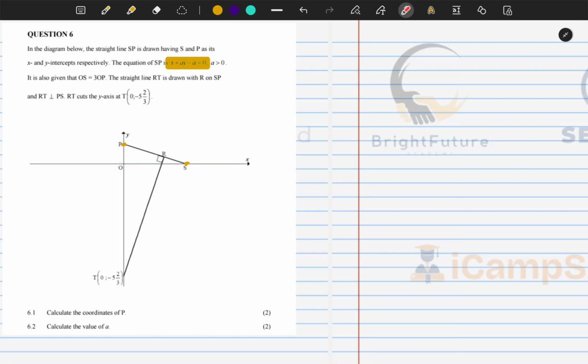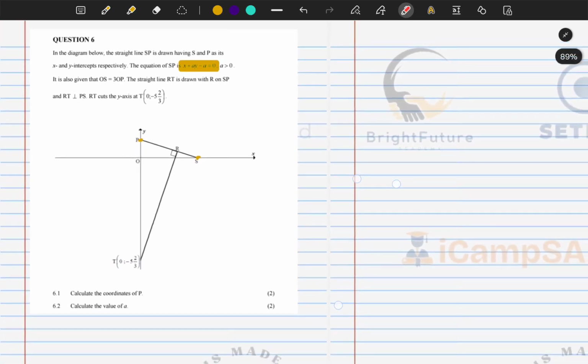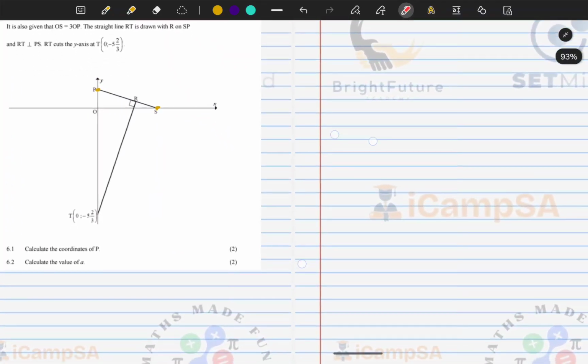The straight line RT is drawn with R on SP, as we can see, and RT is perpendicular to PS. RT cuts the y-axis at (0, -5/2/3). Great. So now they are saying calculate the coordinates of P.